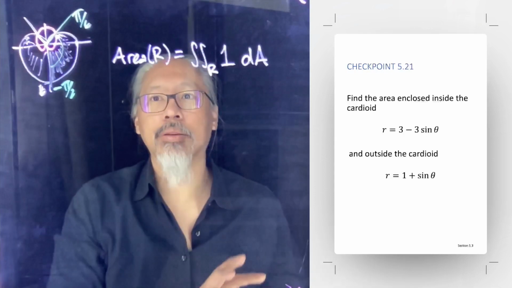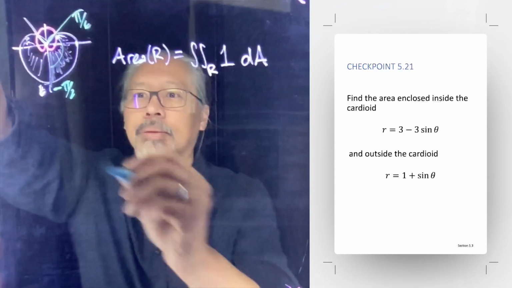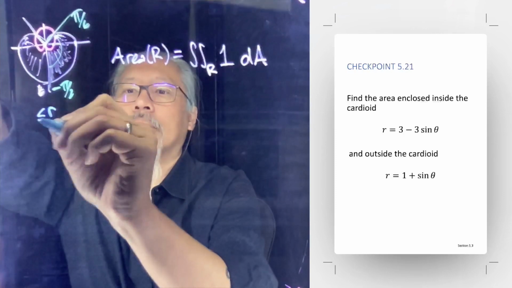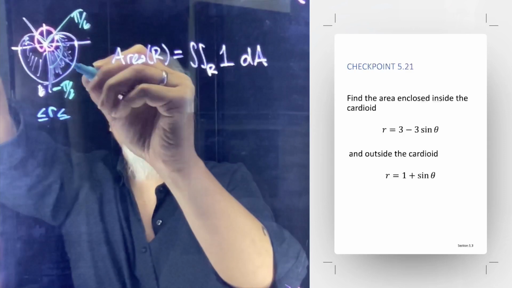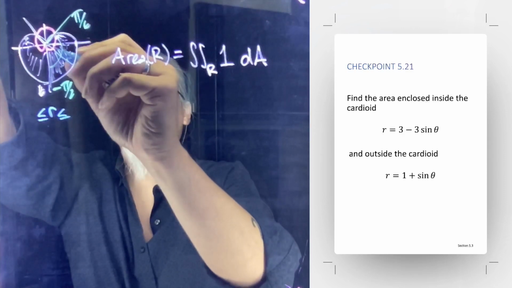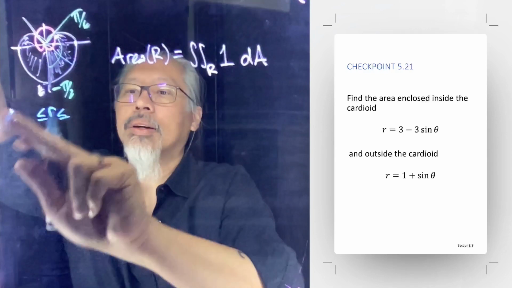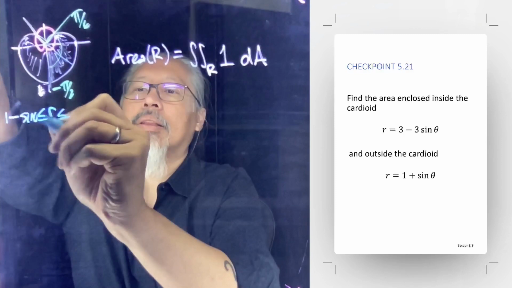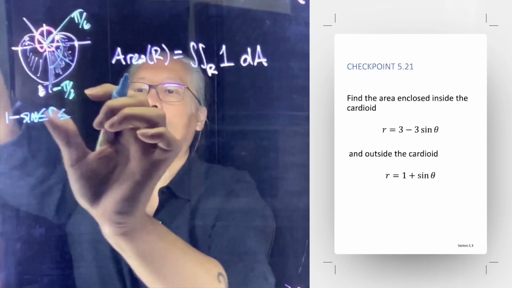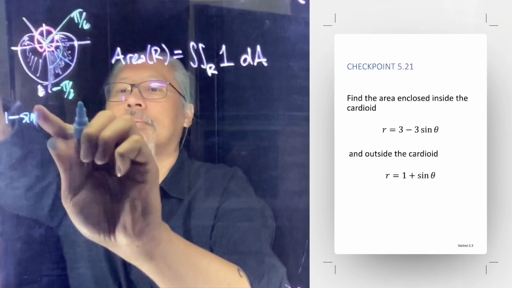Two is that we're going to polar coordinates, and we're going to need some limits. Our r limits are going to be from the lesser function, measuring the r limits going outward from the origin, and so the lesser function is going to be 1 minus sine theta. Let's make that fit a little bit better.